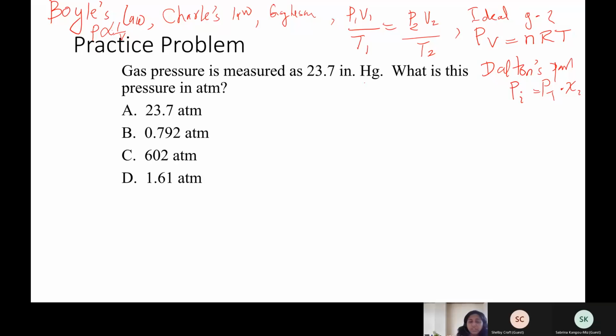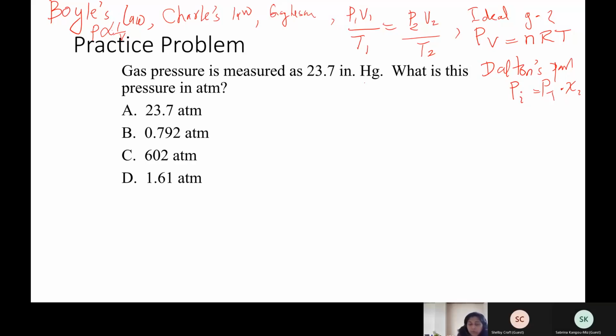What is the pressure in atm? For your final exam as well, you will be given an equation sheet which will have all the values for the constants and other relevant values that you are going to use to solve those problems.